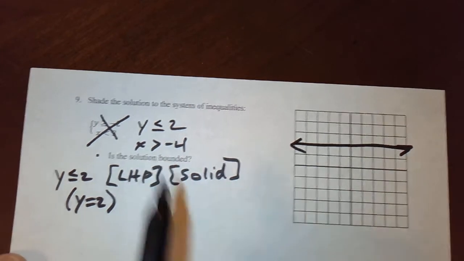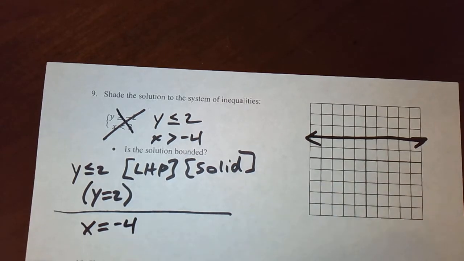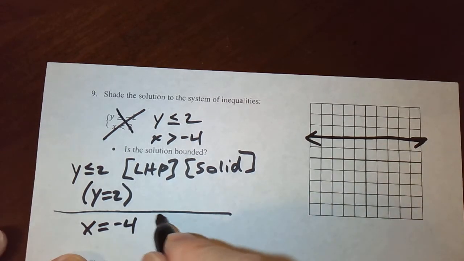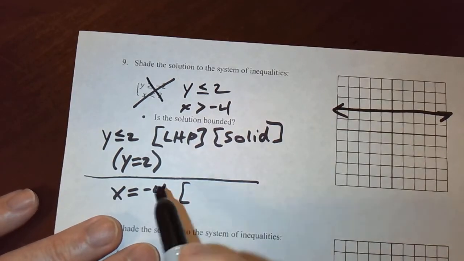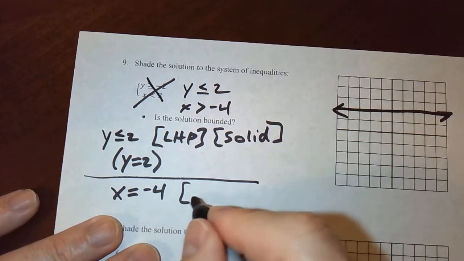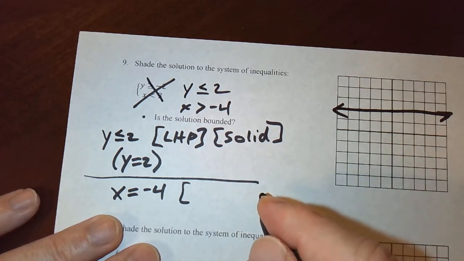And then this one, we'll do x equals -4, and because it's a greater than, we're going to do the right half plane.